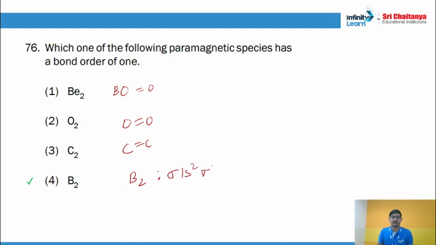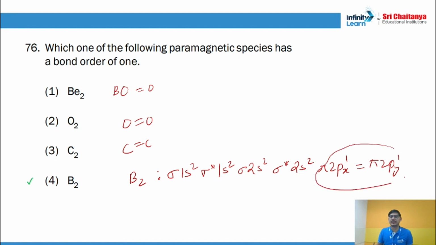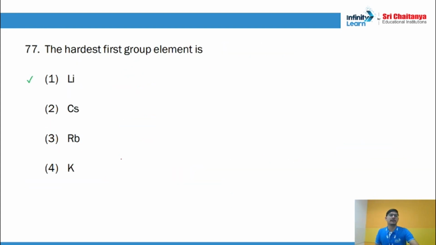It's sigma 1s 2, sigma star 1s 2, sigma 2s 2, sigma star 2s 2, and pi 2px1 and pi 2py1. Okay, so there are 2 bonding electrons, so there is 1 bond, and yes, it is paramagnetic because of 2 unpaired electrons. Clear, guys?